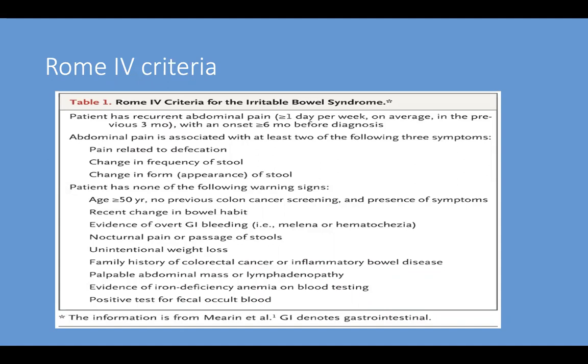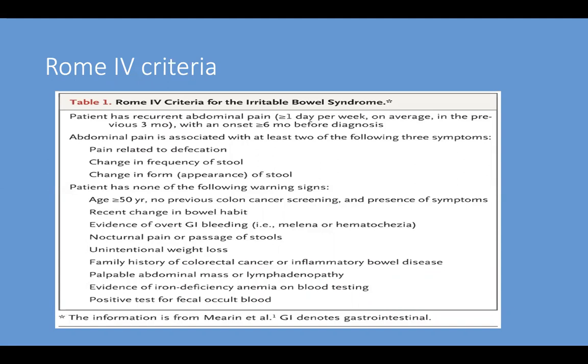The patient has none of the following warning signs, as we said before. If the patient is more than 50, we would be afraid of cancer, especially if he has any recent change in bowel habit. As we said, he must have these symptoms for at least 3 months. No evidence of overt GI bleeding, meaning active bleeding now.